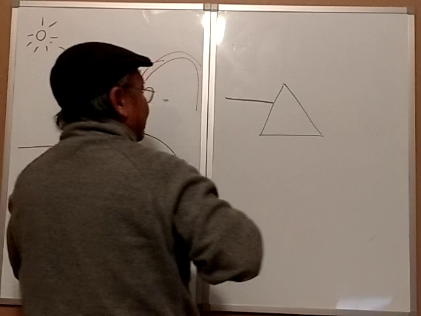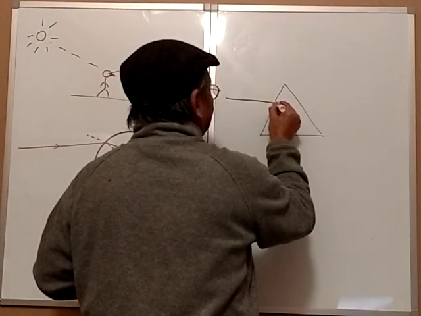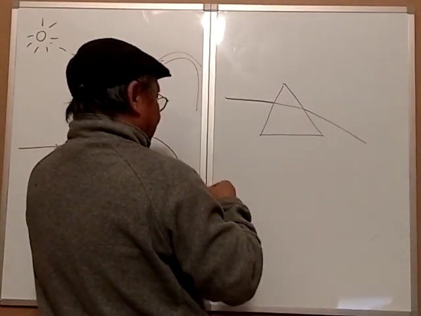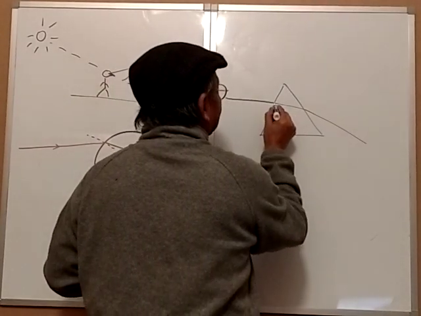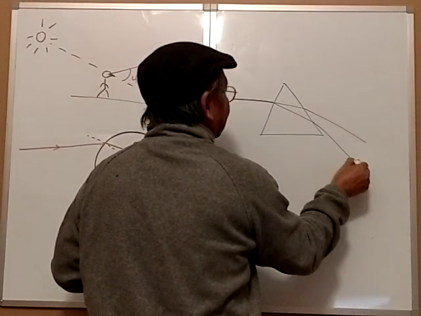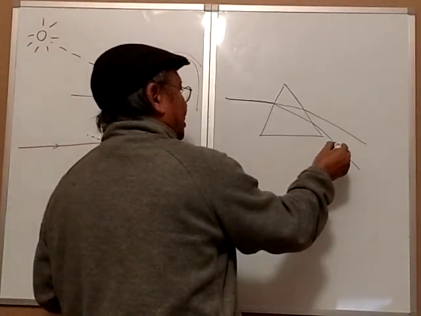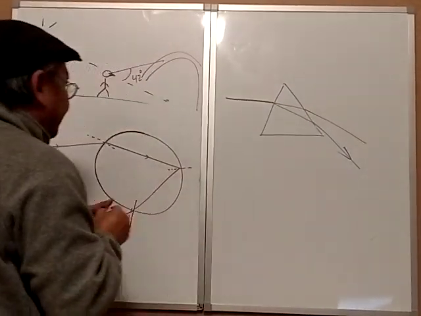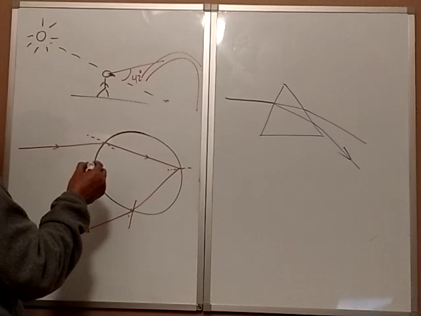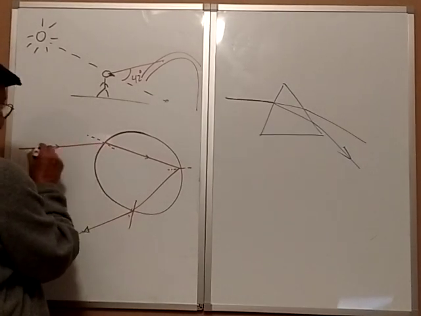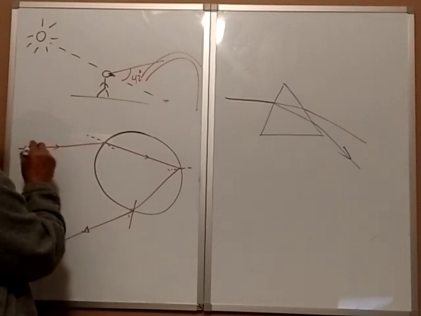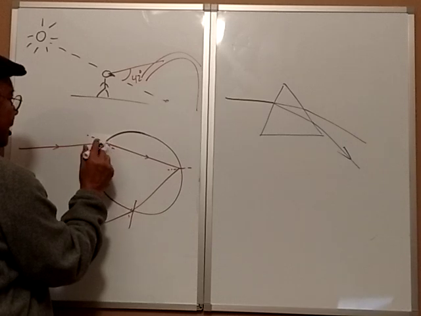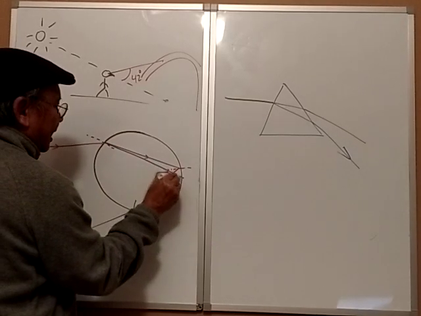Then the red one goes like that, and the blue one goes like that. Right? So the blue one gets refracted more. Okay? So here, what will happen is, this is the light ray which has all frequencies, all colors. Then once it enters the raindrop, it'll go like that.